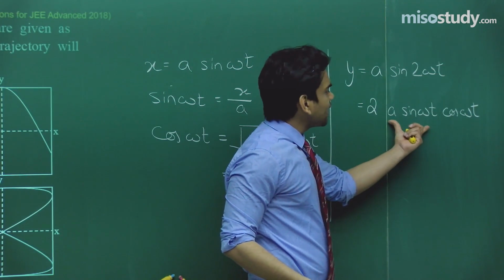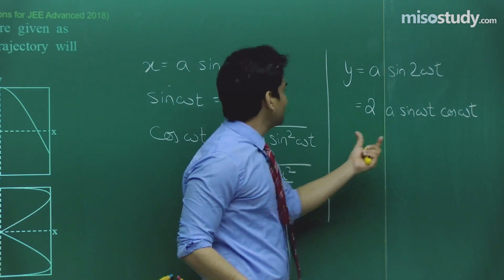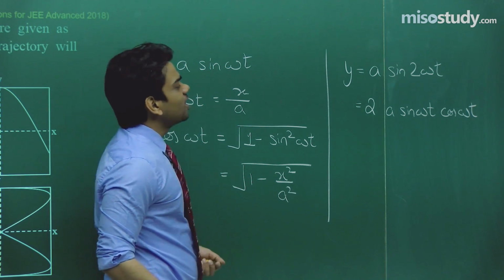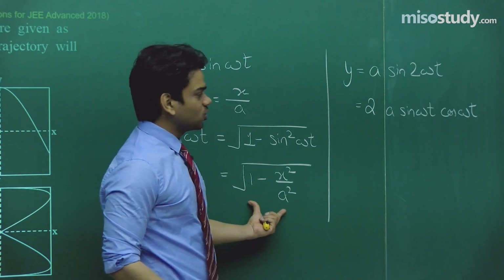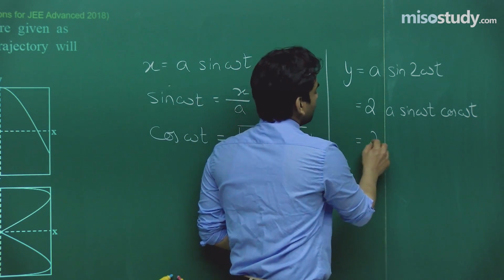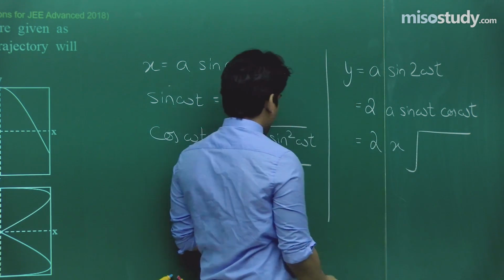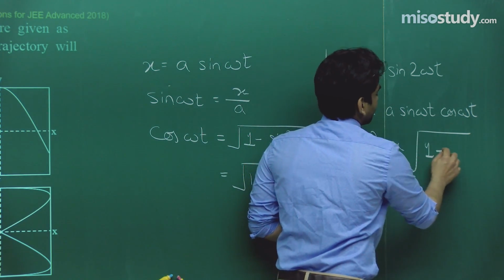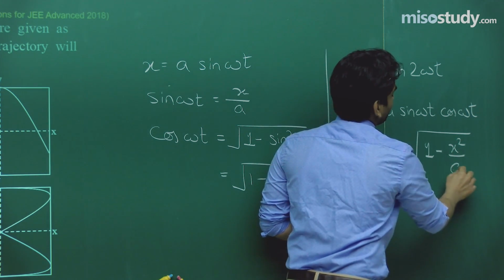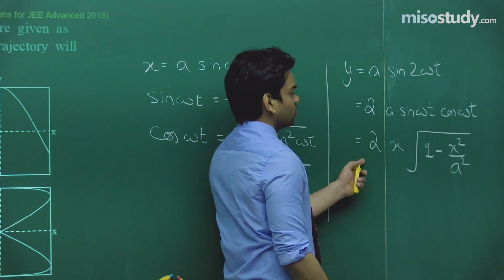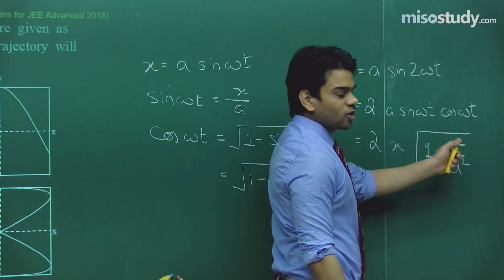Now see here, a sine omega t is equal to x, and cos omega t can be written in this way. So I am going to write this as 2x, and cos omega t can be written as the square root of 1 minus x square by a square. So we got 2x under root 1 minus x square by a square.